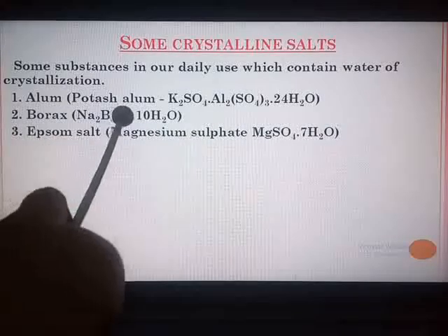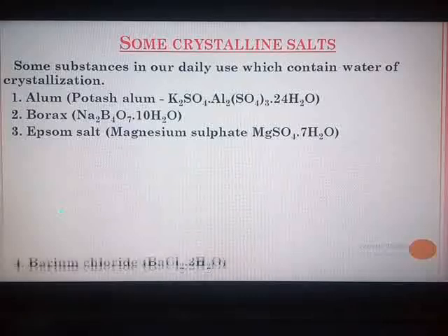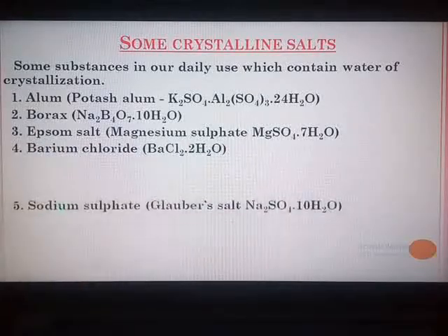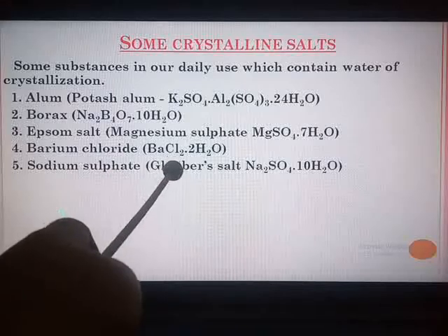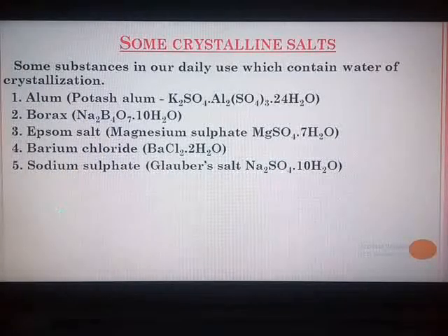Epsom salt or magnesium sulfate, MgSO4.7H2O. Barium chloride, BaCl2.2H2O. Sodium sulfate, known as Glauber salt, Na2SO4.10H2O. Now, you only have to remember their names and their molecular formulae by heart.